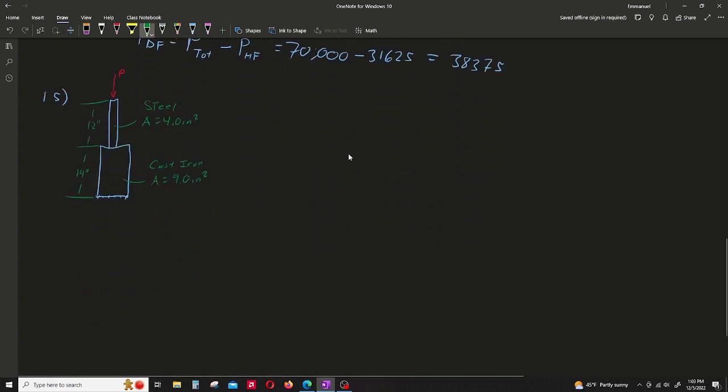All right, so we've got this here, and we have to calculate the magnitude of the axial load first.